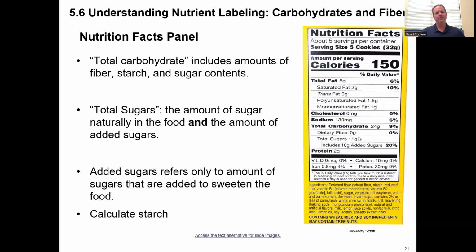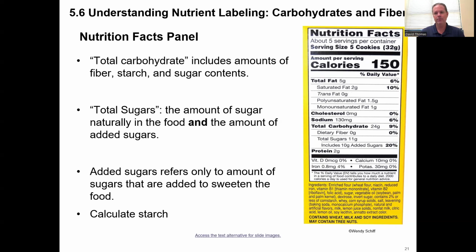One thing that's slightly confusing is if you notice there's no category there for starch. Starch as a complex carbohydrate. They list the fiber. They list sugar, but they don't tell you the starch directly. So that just means you have to do a little quick calculation. All you have to do is subtract the total sugars from the total carbohydrate, and that'll leave you with the starch.